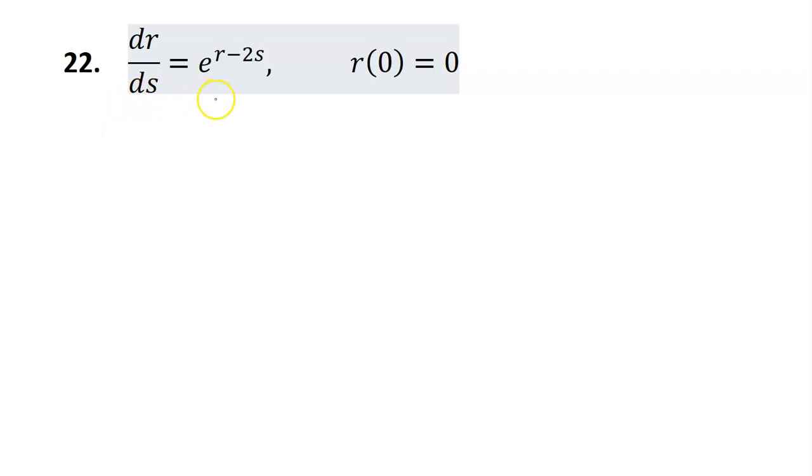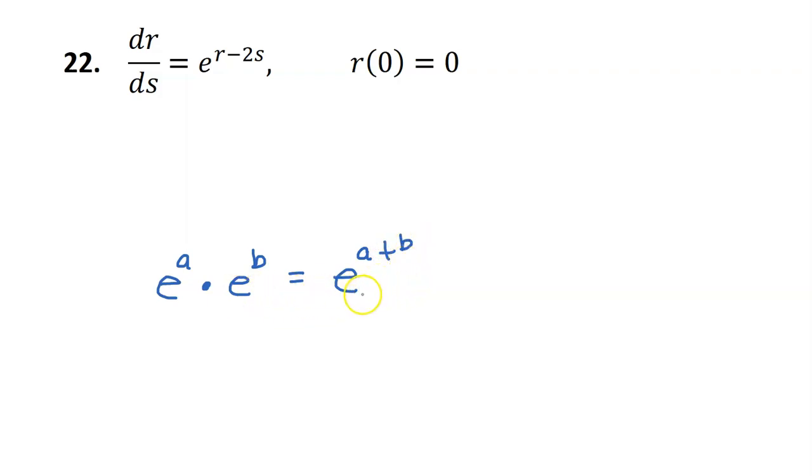To solve number 22, I will use properties of exponents. So quick side lesson. Let's say I had e to the a power times e to the b power. When you multiply with like bases, you add the exponents. So that would give me e to the a plus b. But guess what?